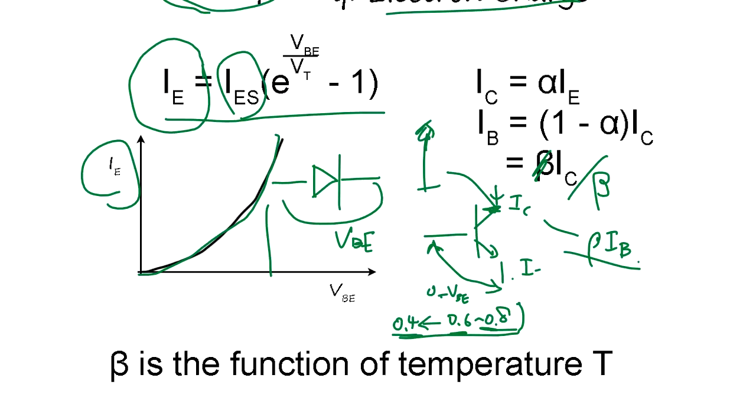Okay, that becomes a very important point. And also beta is a function of temperature T, and the temperature compensation becomes a very big issue in IC chip design, and this will come out later when we start getting into the details of analog design and digital design.